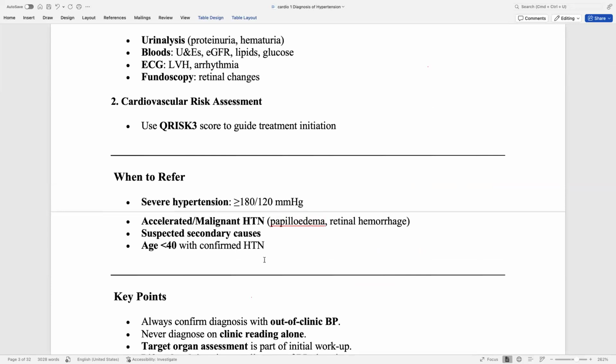Accelerated: type accelerated if there is papilledema and retinal hemorrhage. Or suspected secondary, which is any patient aged below 40 with confirmed hypertension.